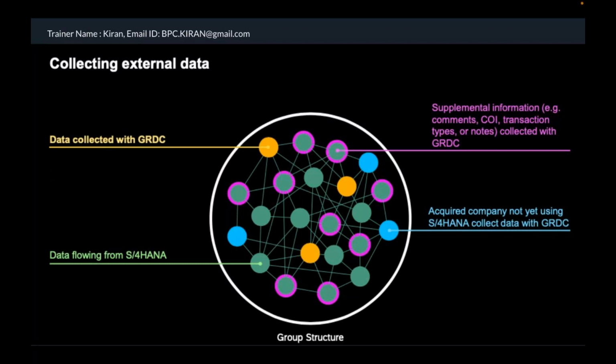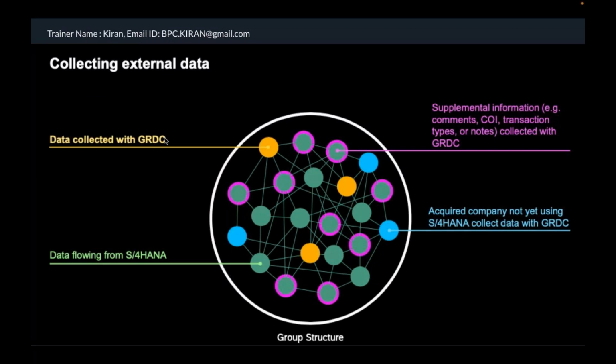See here, supplemental information, for example comments, COI, transaction type notes collected with GRDC. So you can collect the note types with GRDC. If you have any notes or comments you want to enter for the consolidated financial statements, you can check the GRDC solution, group reporting data collection.